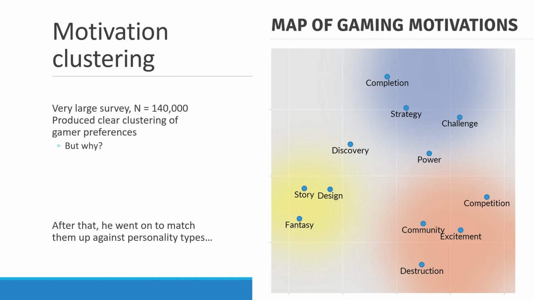They tend to not be motivated by challenge or competition. Intuitively, this makes sense, right? This is something that if you told me the results, I would nod my head and say, okay, that actually kind of matches my experience.